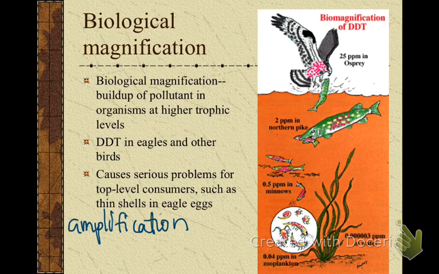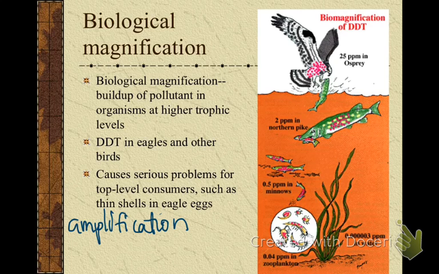Well, it would get in the soil. Then the soil with the water would run off into rivers and lakes, and then it would impact the zooplankton and the northern pike. They wouldn't die of it, but they would get the DDT in their bodies. And then as it goes through the food chain, it gets more concentrated in each following organism.